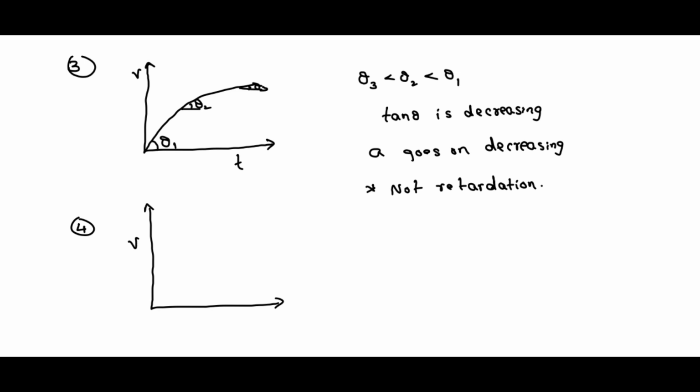If the velocity time graph is like this, at different places the theta value is different. In this case, theta 3 is more than theta 2. It is more than theta 1. That means tan theta is increasing with time.